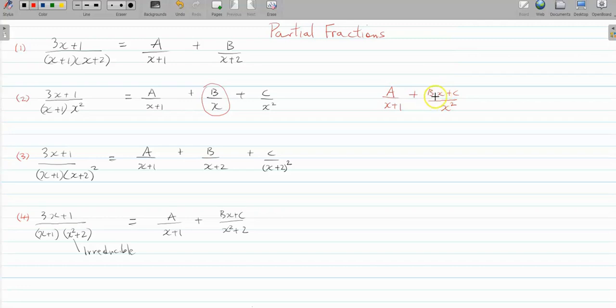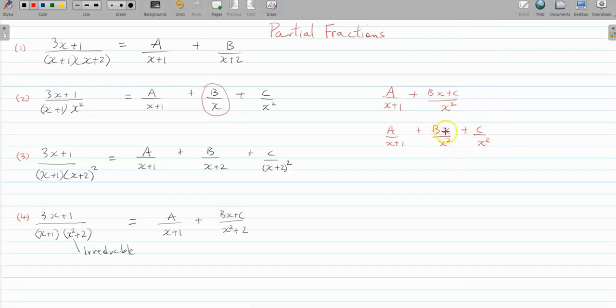Now, you need to note that bx plus c over x squared can also be broken down as, let me just rewrite it in this line. So we're going to have a over x plus 1. And this can be bx over x squared plus c over x squared.